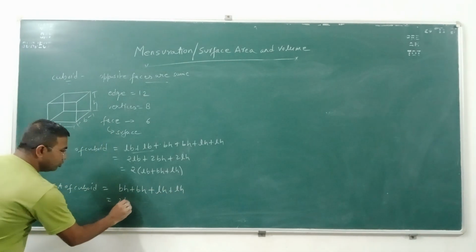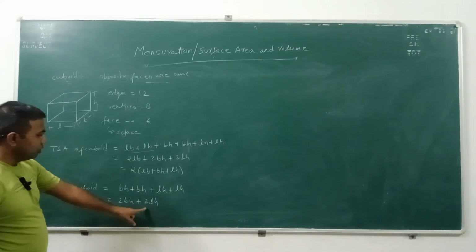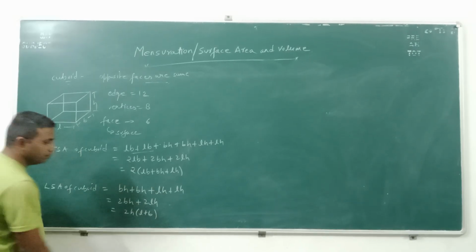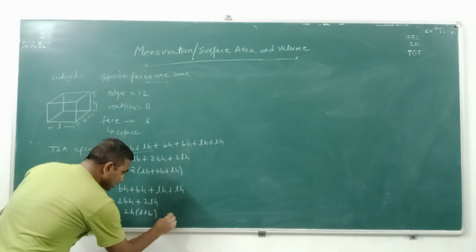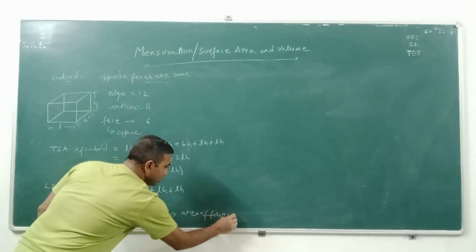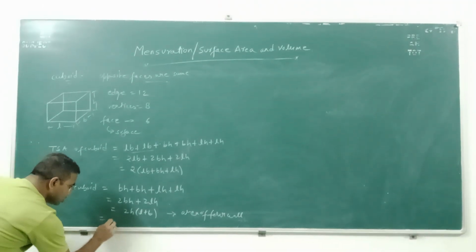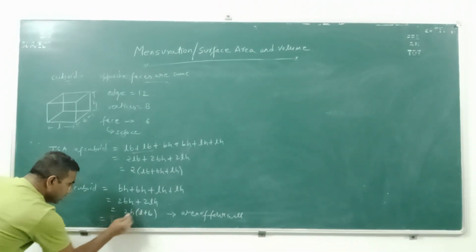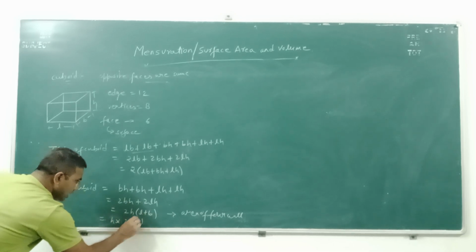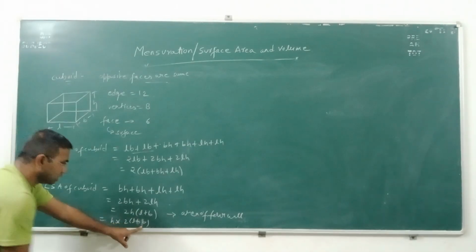It means 2 BH will come and 2 LH will come. Then you can see 2H is common, so take 2H common and bracket L plus B will be. And this is also called area of 4 wall. You can also write this as H into (2L plus B)... 2 into (L plus B). As you know, 2 into (L plus B) is the perimeter.